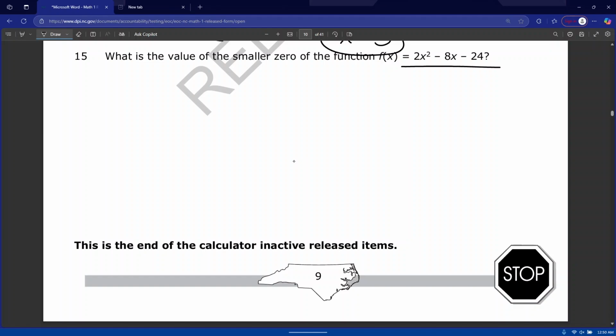So we can simplify this when you divide it by 2. So when you divide it by 2, the equation equals out to x squared minus 4x minus 12. Now, by this point, you should know the quadratic formula. Please review it if you don't know it. It's going to make your life so much easier in every EOC from now on, because it does show up in Math 2, Math 3, Pre-Calc.